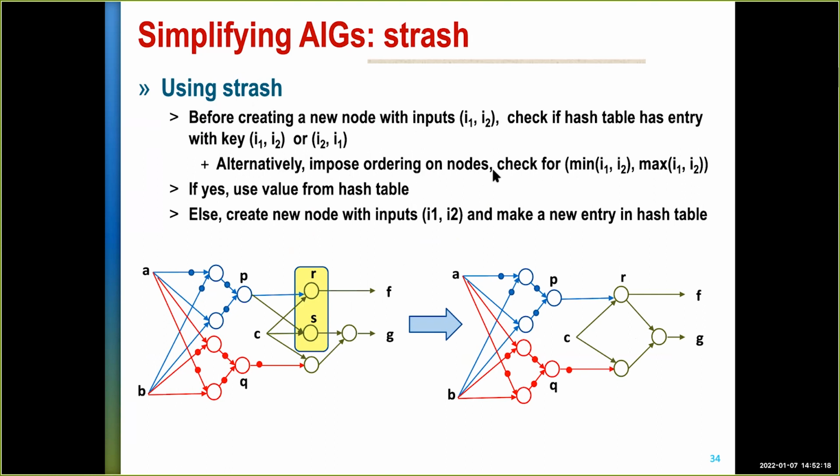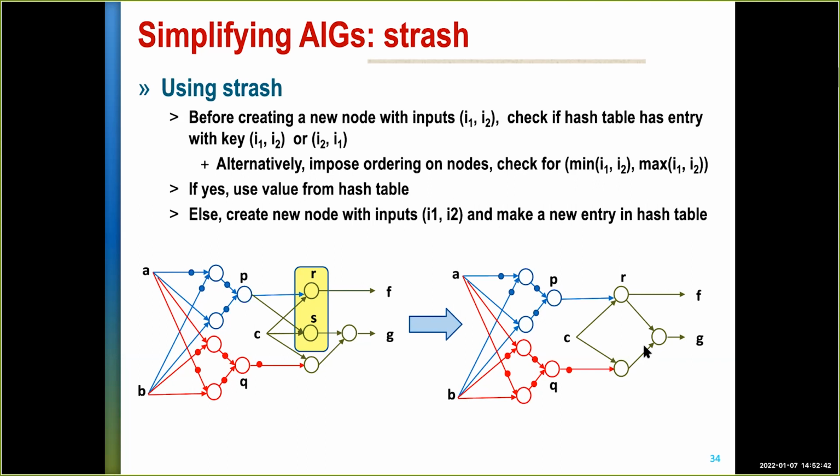It can also impose an ordering on the nodes and check for this, if that's how it is stored in the hash table. If it is already present in the hash table, use it. Otherwise, you create a new node and make a new entry in the hash table. Okay, this is how the library operates. So for example, in this case, these two would get merged and we would have only the node R, and wherever S was leading to, R will now lead to there.